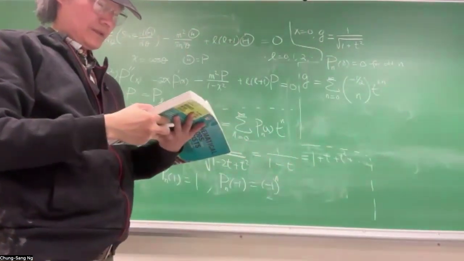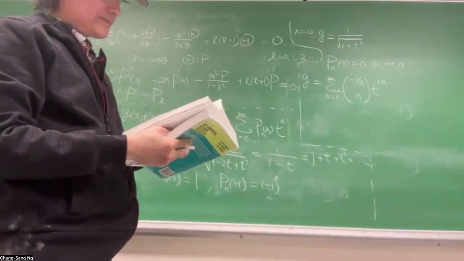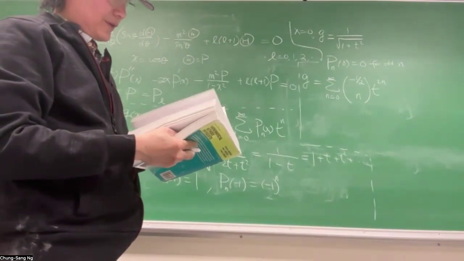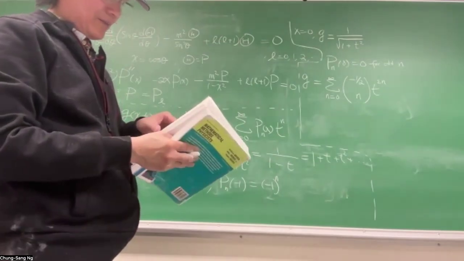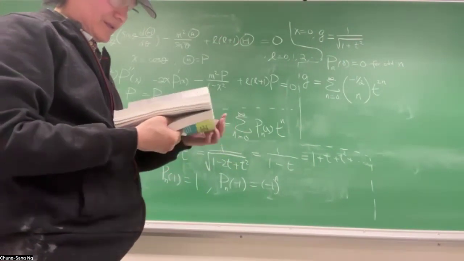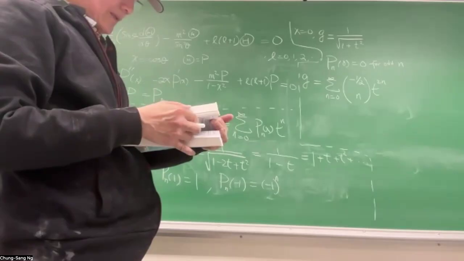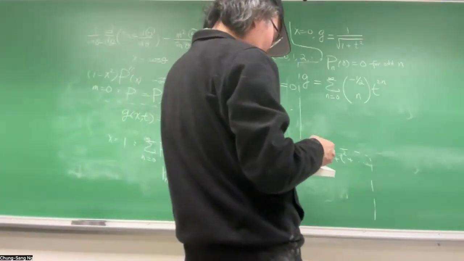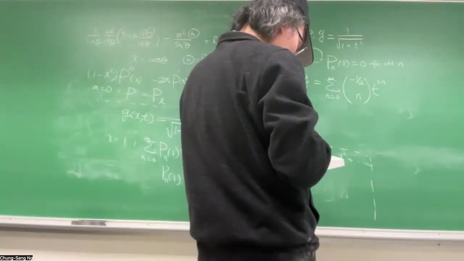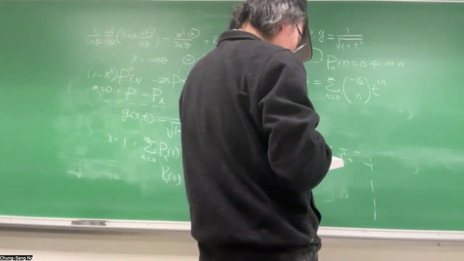I think this is from equation 1.74 in chapter 1. If you forget about all these, look at that 1.74. There's a different form, and I think the final form cited in your textbook is the last equation.